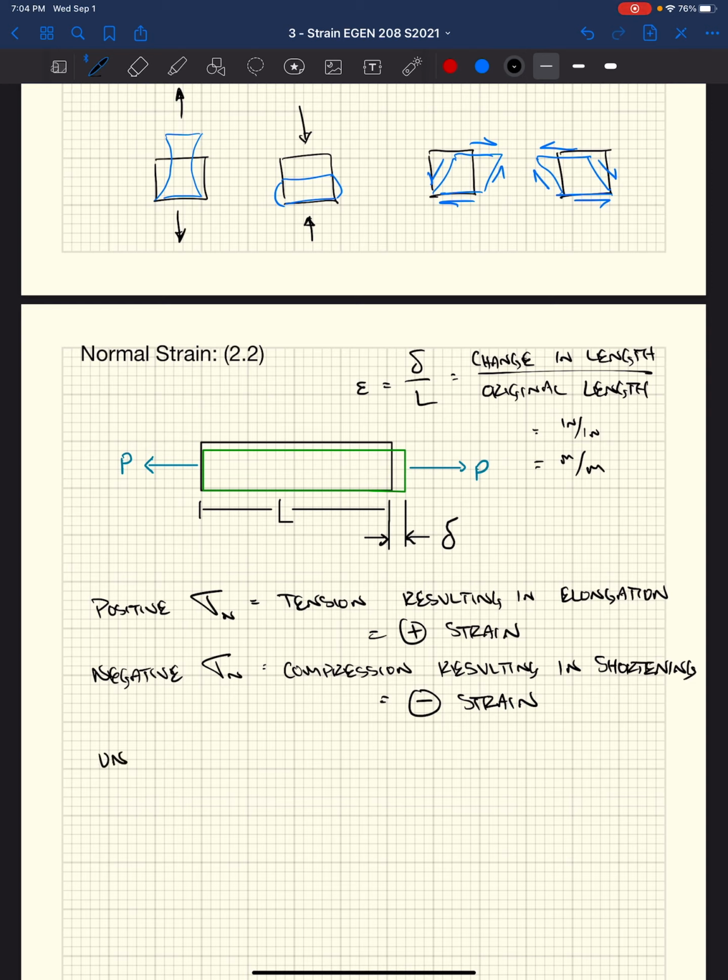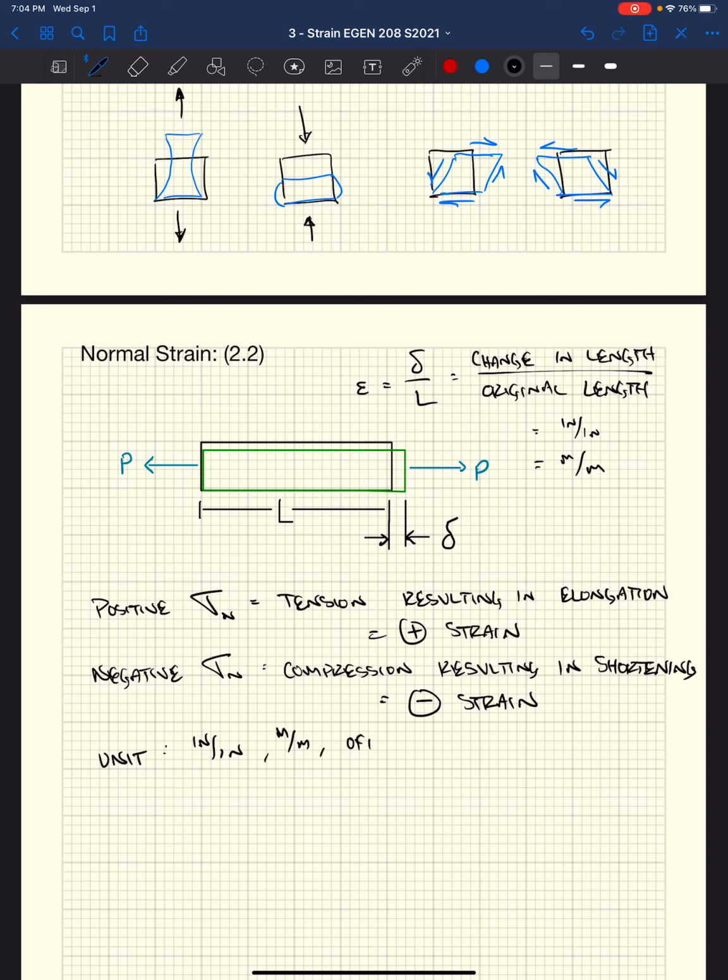As I mentioned above, if we look at the equation for strain, epsilon being delta over L, both of those have the same units. They're both dimensions of length. So it's inches over inch, meters over meter.